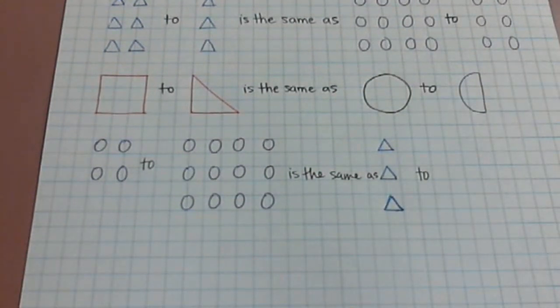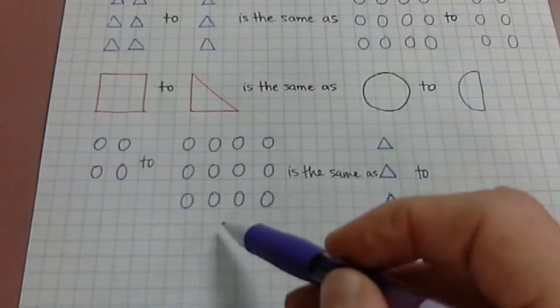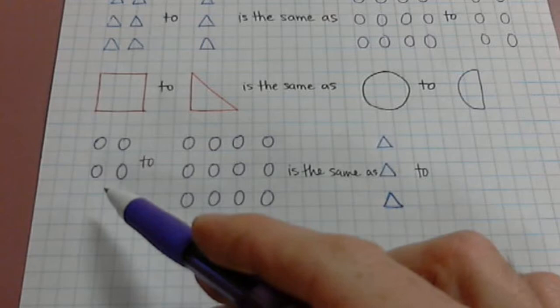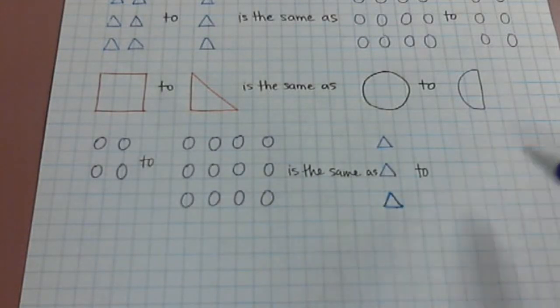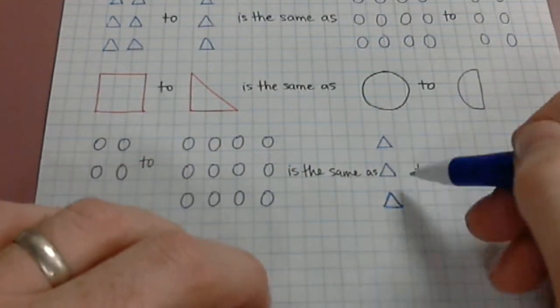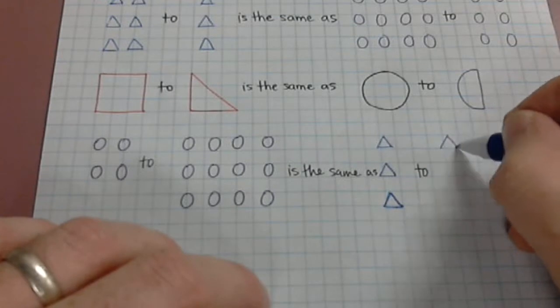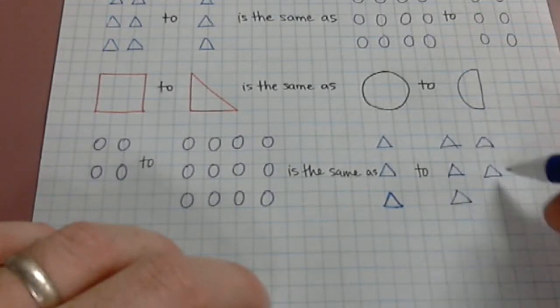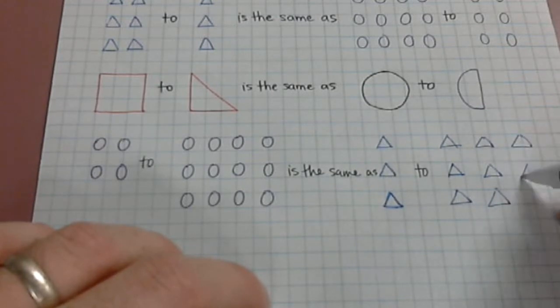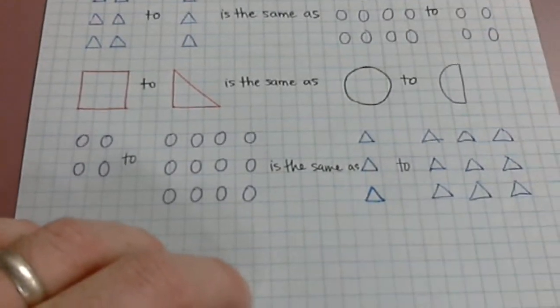Now, how might we go about figuring that out? Well, we can see that there are 3 times as many circles here as there are here. So if there are 3 times as many here as there are here, it would stand to reason that there should be 3 times as many here. We figure out that there's 3, and if you want 3 times as many, that means you need 1, 2, 3, 4, 5, 6, 7, 8, 9.